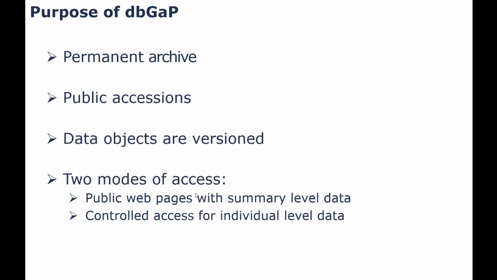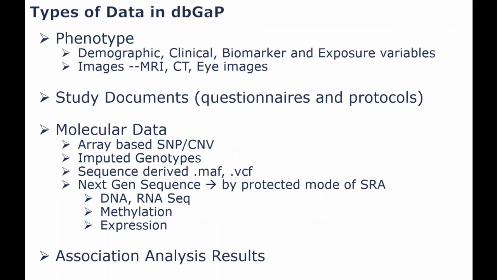There are two modes of access for dbGaP. One is a public display of summary level data and study metadata, and the other is controlled access for individual level data.